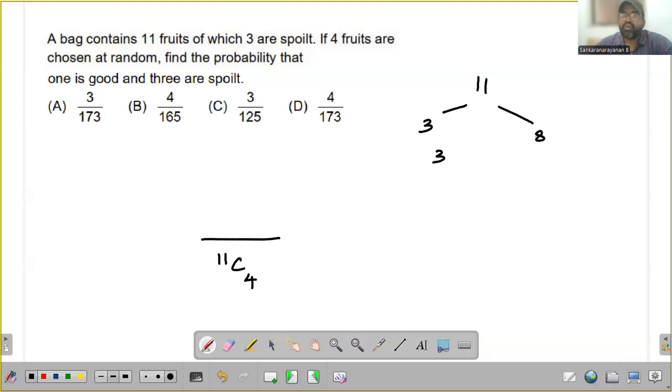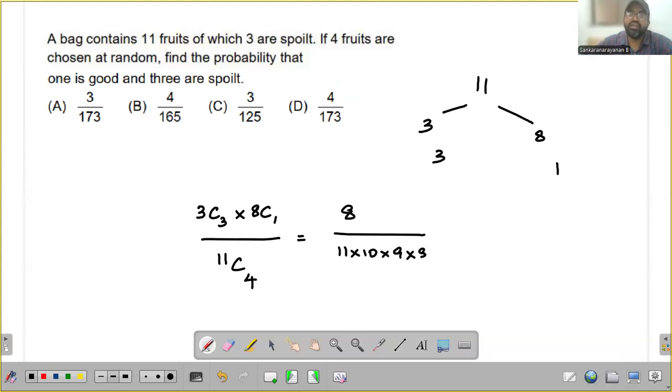So from 3 spoiled, all 3 spoiled. From 8 good ones, I have to select 1 good one. So how many ways you can do it? It is 3C3 into 8C1. So this is as good as 8 by 11C4. That is 11 into 10 into 9 into 8 by 1 into 2 into 3 into 4.